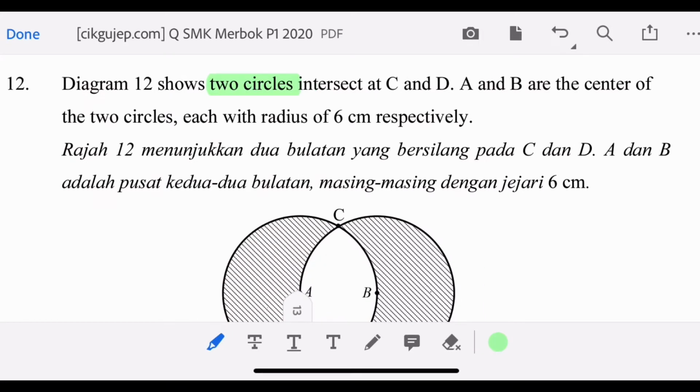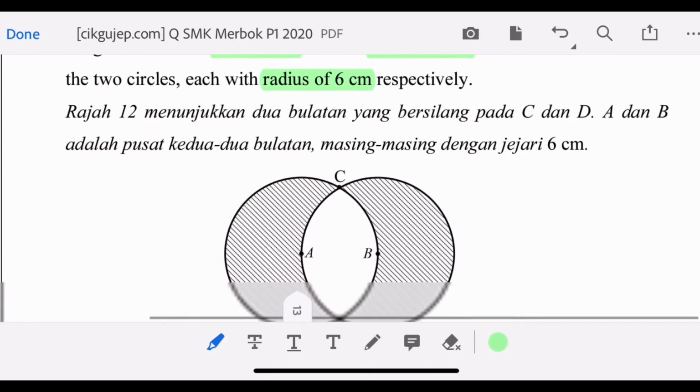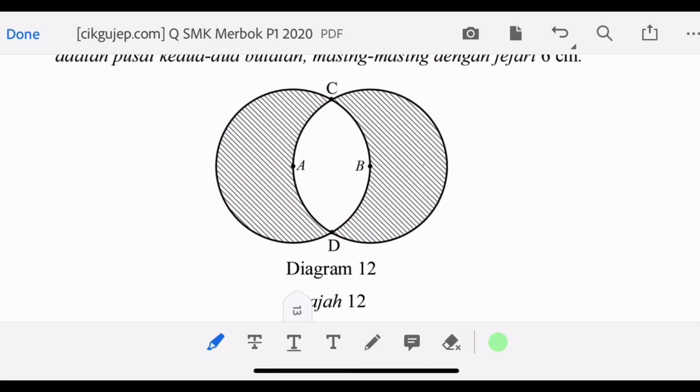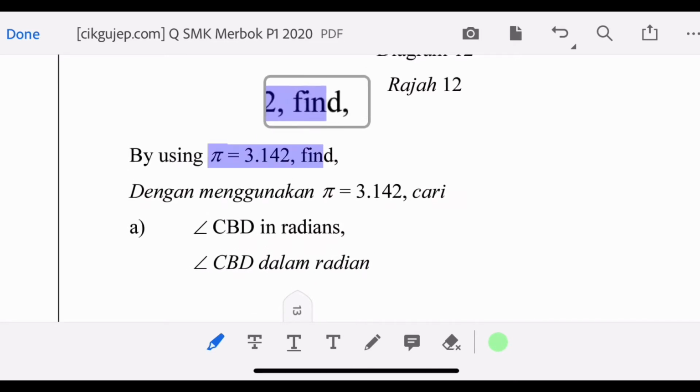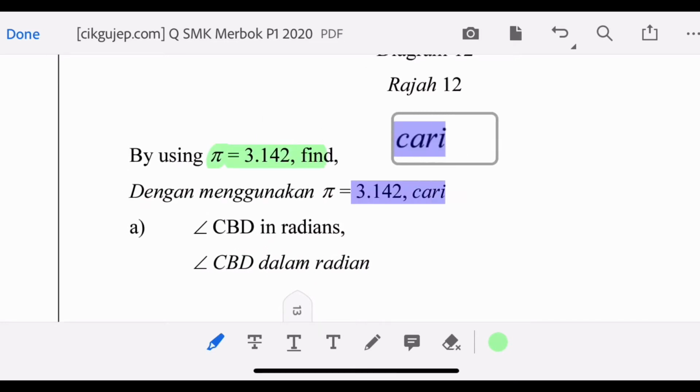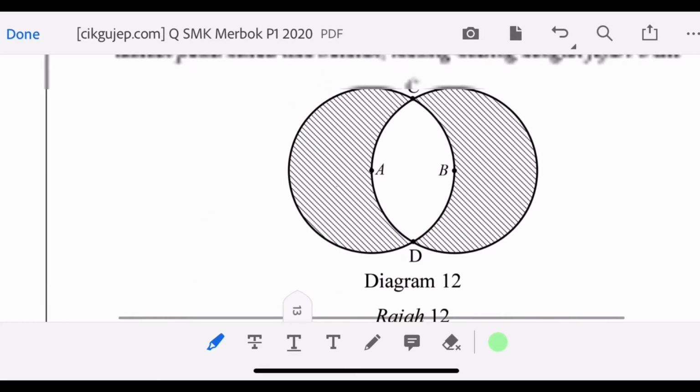So let's study the question first. The first thing is you have two circles and each one having a center, A and B, and then by using pi is 3.142. Okay, you're asking to find the angle CBD in radian.